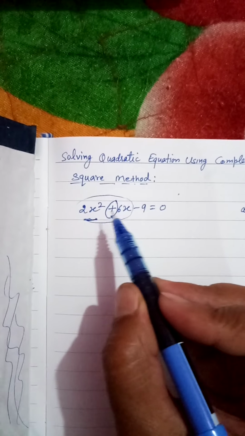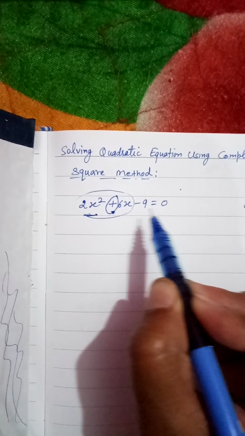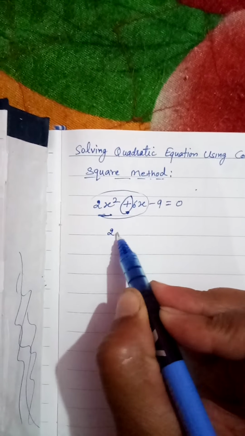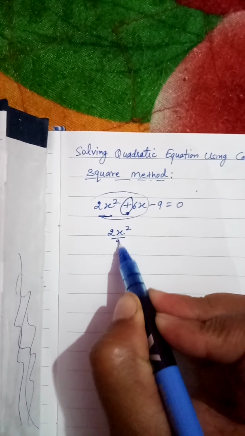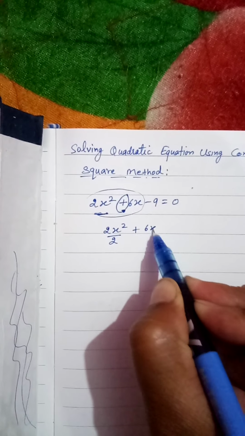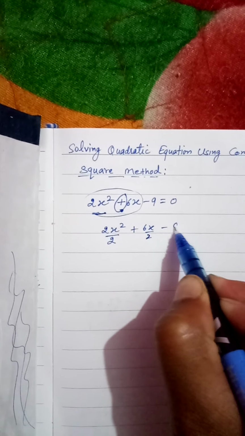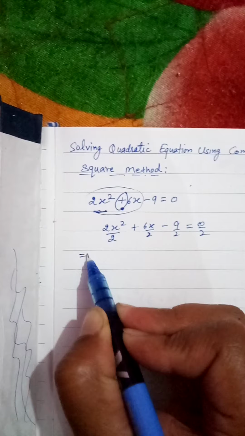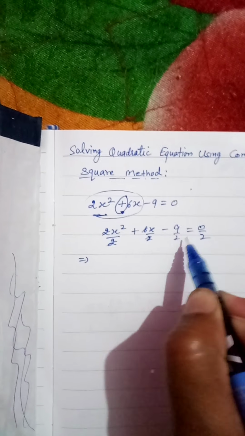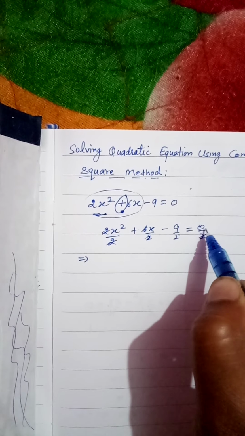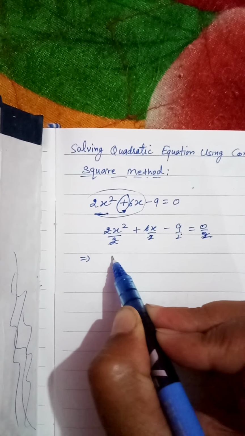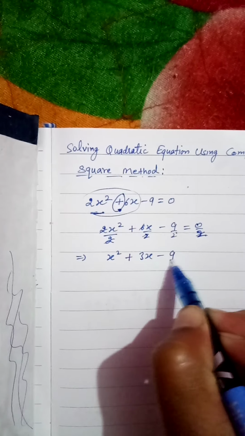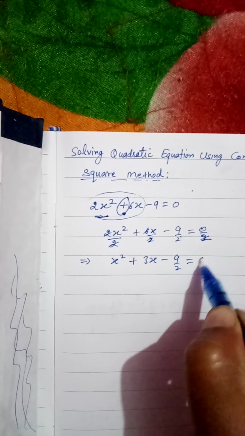So what I will do, I will divide this whole equation by the coefficient of x square. Here the coefficient of x square is 2. So if I divide the whole equation by 2 and simplify, I will get x square plus 3x minus 9 by 2 equal to 0.